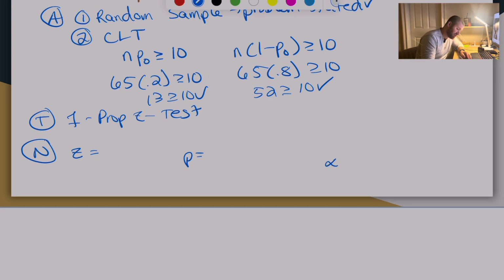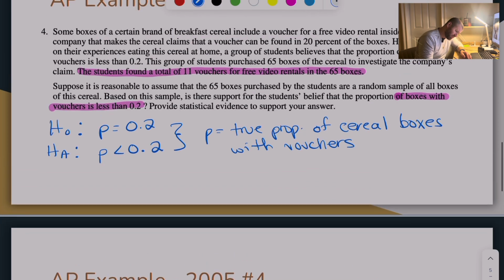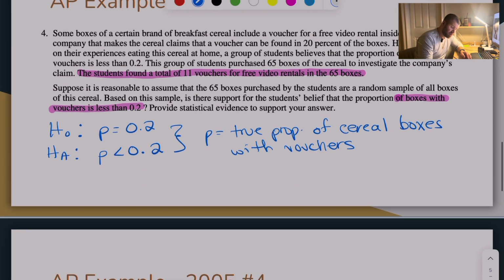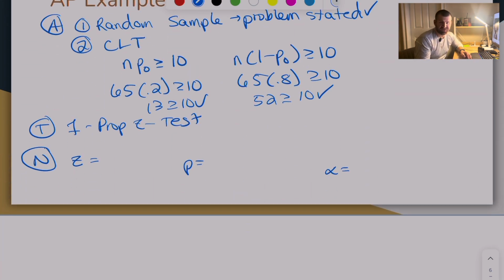If you had a significance level, which I believe this problem did not, we would list that here. The standard significance level is 0.05. For this particular problem, I do not have a calculator in front of me at this moment, but I can go on the internet and get these numbers for you very quickly.